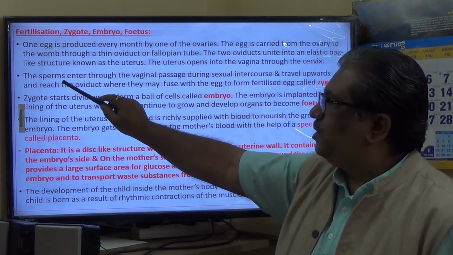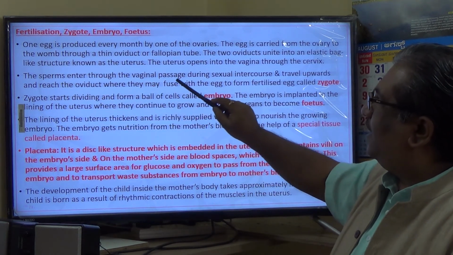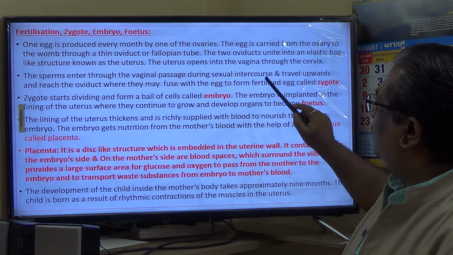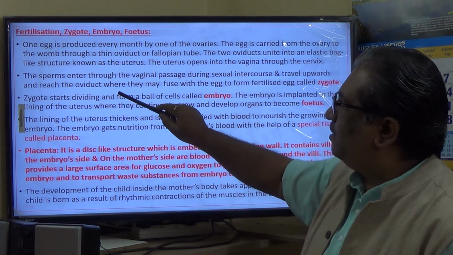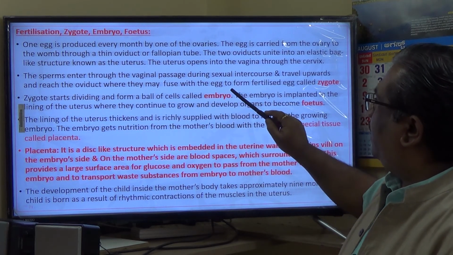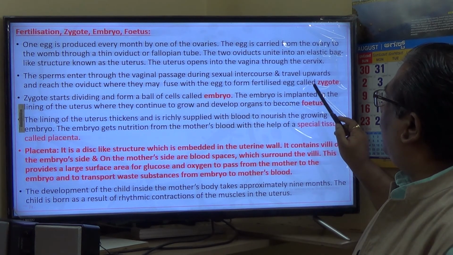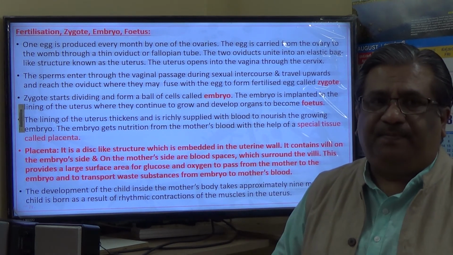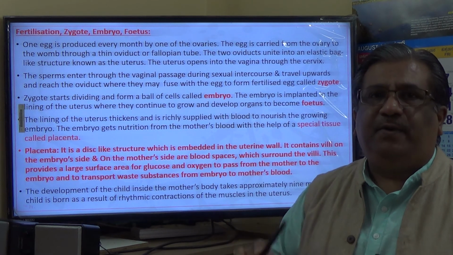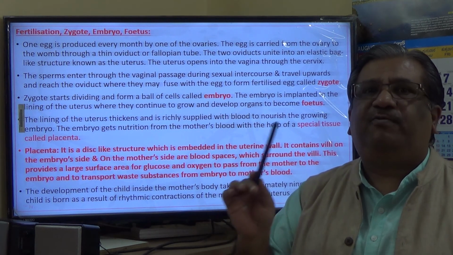Next, the sperms enter through the vaginal passage during sexual intercourse and travel upwards and reach the oviduct, where they may fuse with the egg to form a fertilized egg called zygote. What is important in this process is, fallopian tube is the site of fertilization.